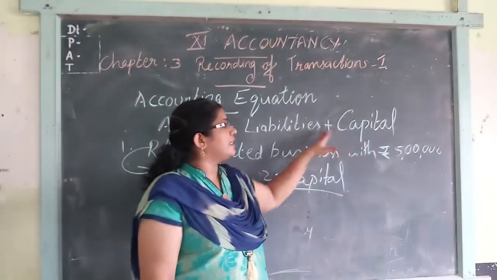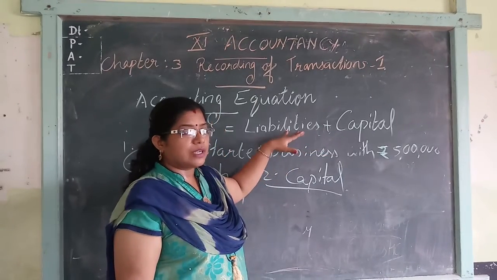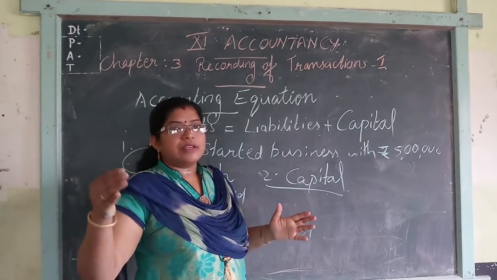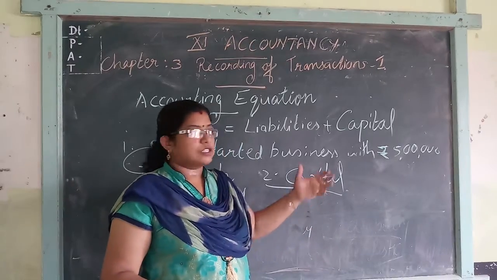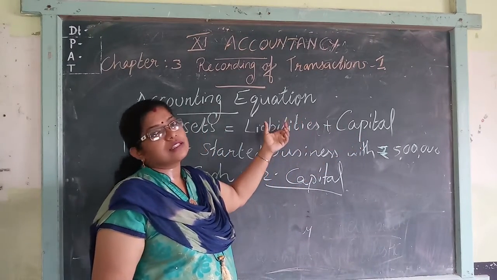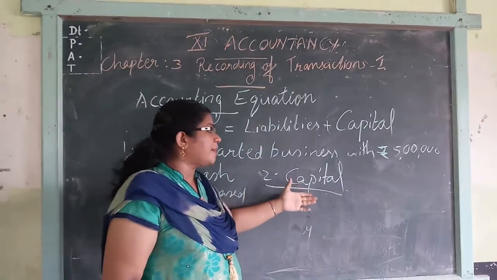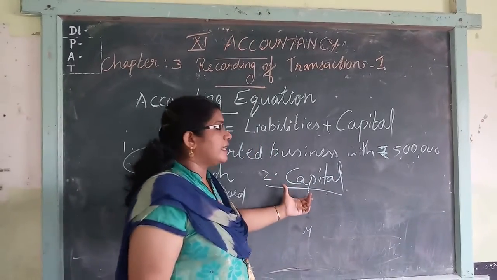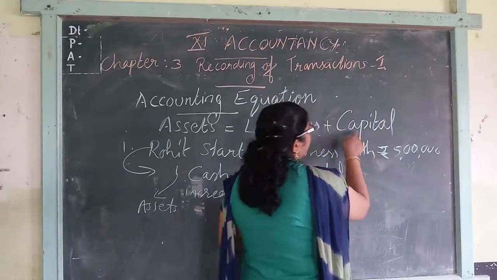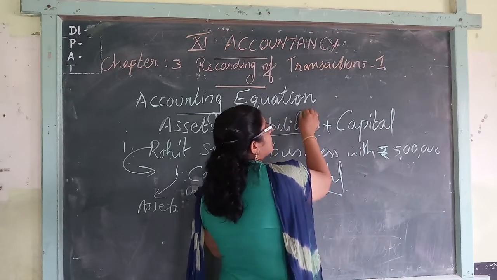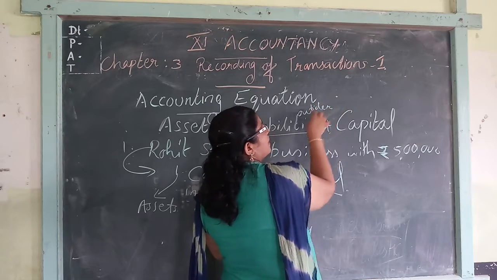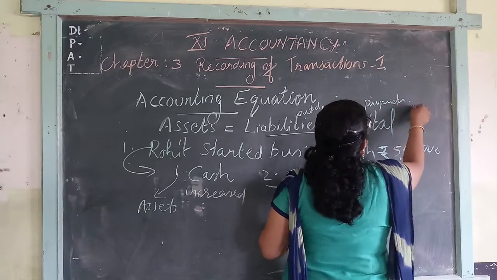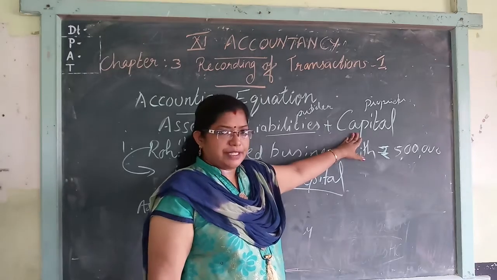There are two types of liabilities, current liabilities and non-current liabilities. But from the business point of view, there is a liability to the proprietor and a liability to outsiders. The proprietor's liability is called capital, and for outsiders we simply use the term liabilities. The outsiders' claim is called a liability, and the proprietor's claim is called capital.